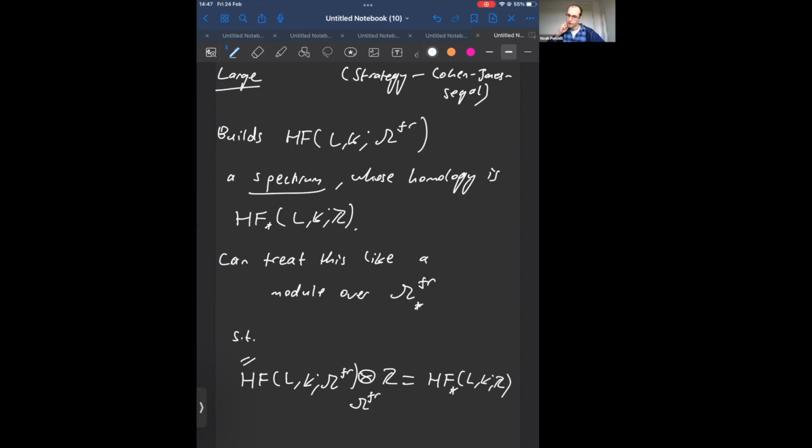So we kind of treat this as Floer homology over a different ring, which when we base change, we get back the original Floer homology that we started with. But in particular, this new invariant determines Floer homology over Z, but the reverse is not true. Floer homology over Z does not determine this Floer homotopy type.